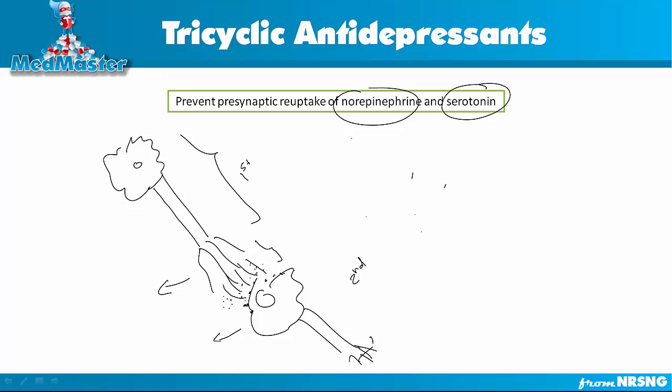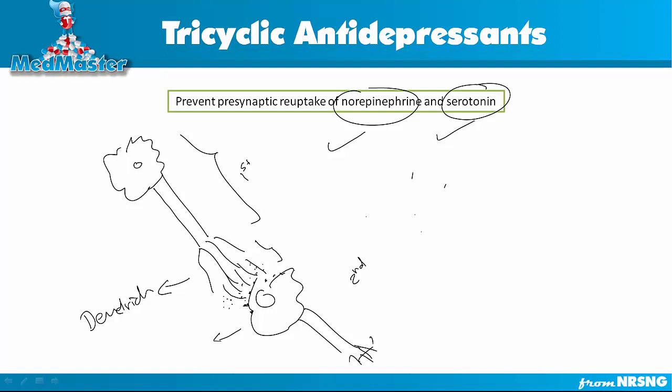So here, what these drugs do, when the first neuron delivers the neurotransmitter into the space, is prevent the reuptake by these dendrites. This medication will prevent the reuptake of norepinephrine and serotonin and will make them available for a longer period of time. So there will be more effect from norepinephrine and serotonin, and that is thought to relieve depression.